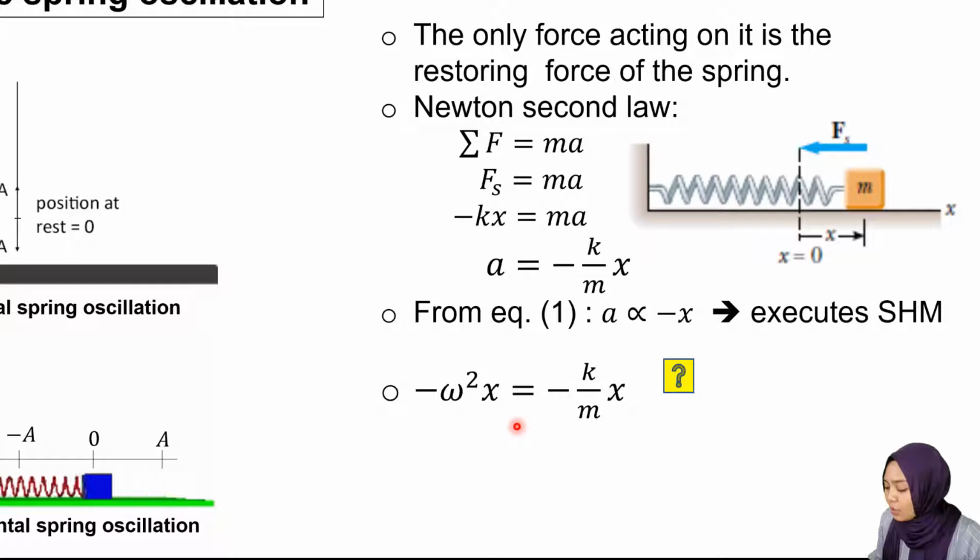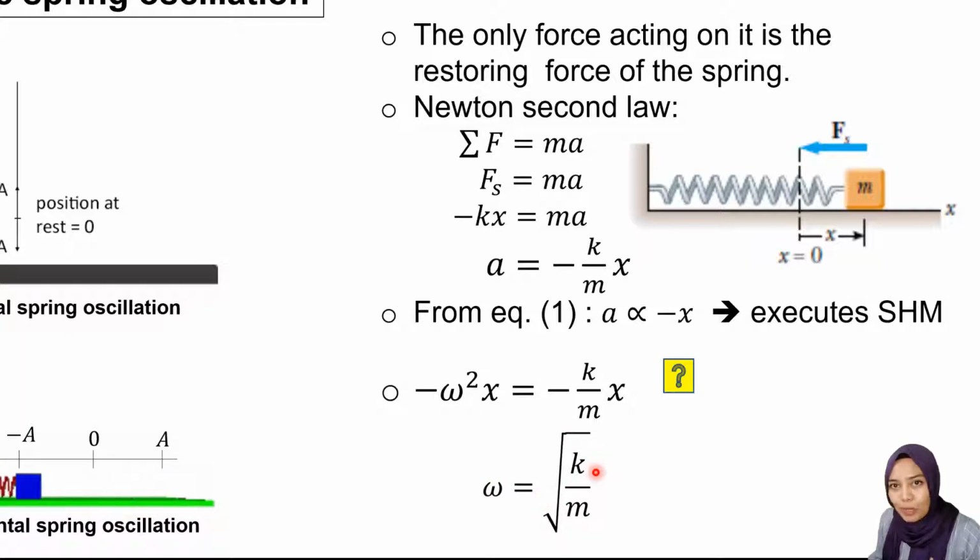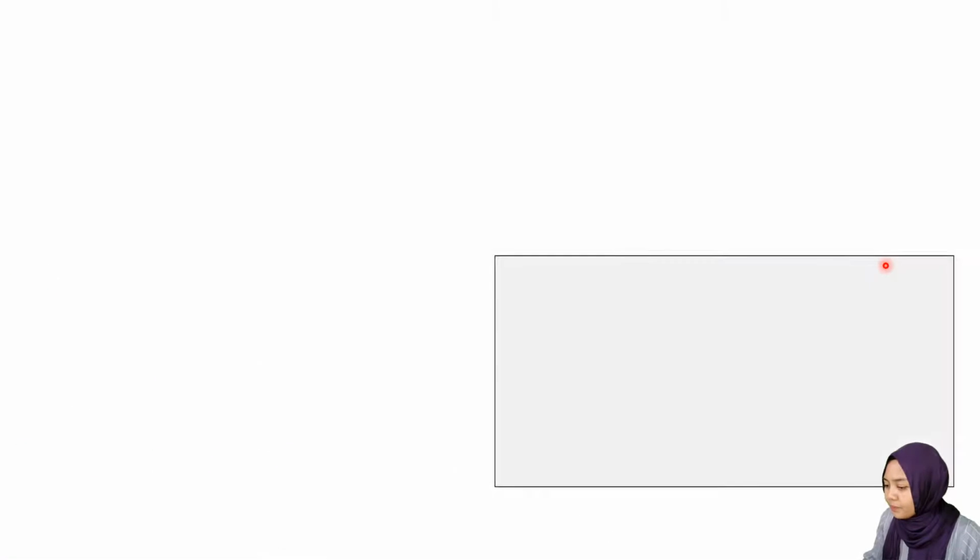We can get the angular frequency, which is the square root of k over m, where k is the spring constant and m is the mass of this block.